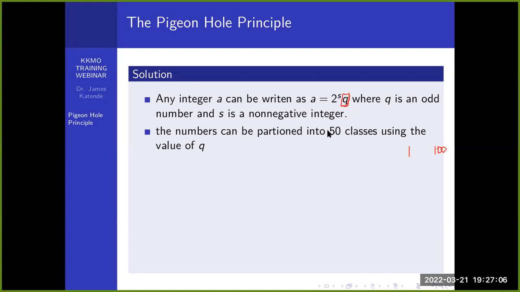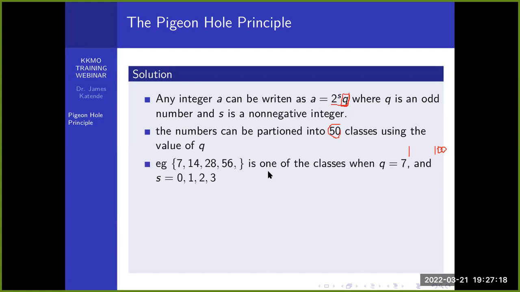So for each of those Qs, you can have a class of numbers written in this form. Total of 50 classes. So for each odd number, we end up with a class of integers written in this form. So for instance, if Q is 7, you can collect all the possible integers where Q is equal to 7, and this is your list.